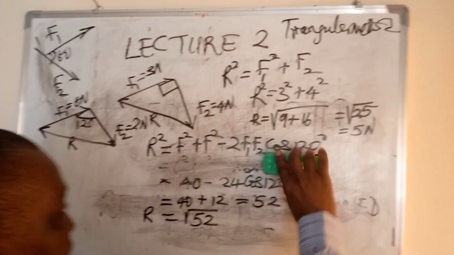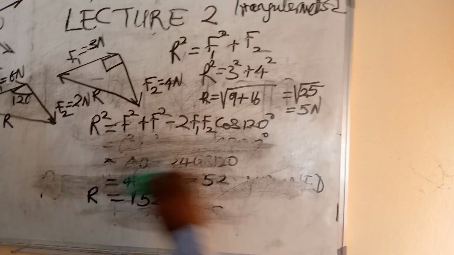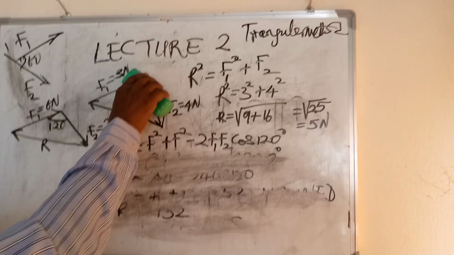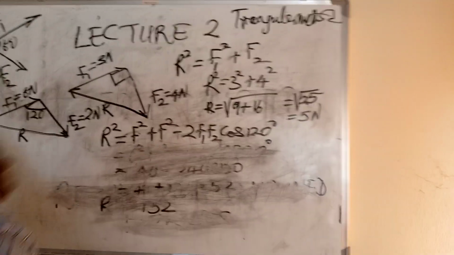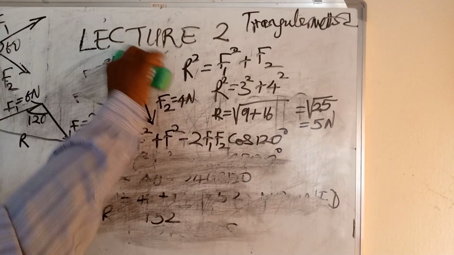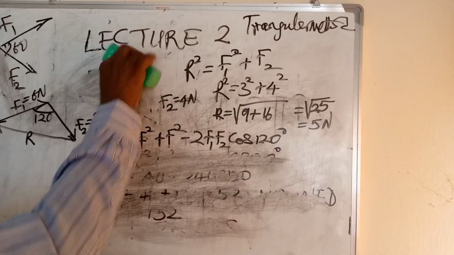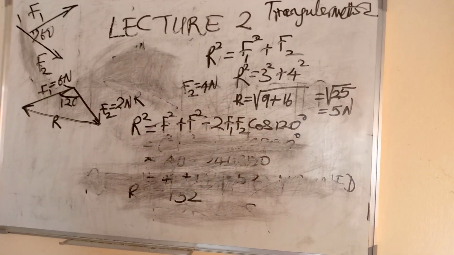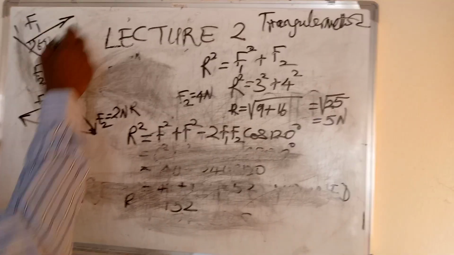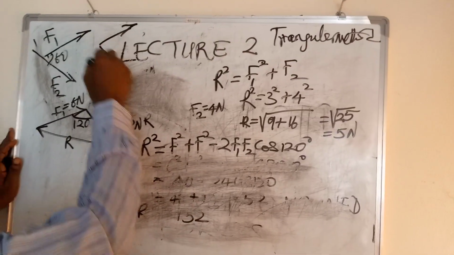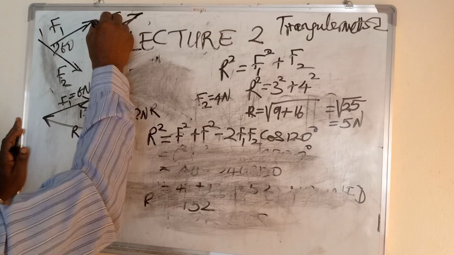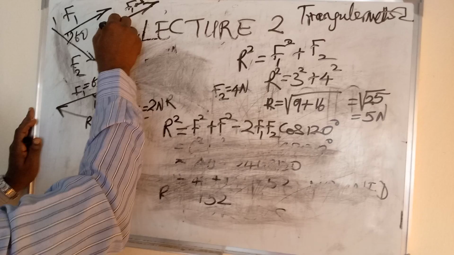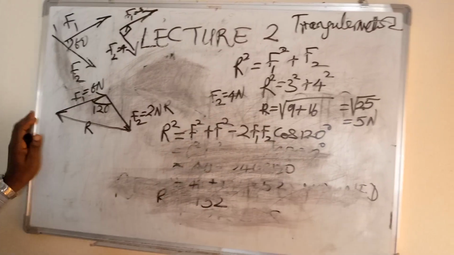So if we're to do that, we have the first one, when F1 was 3 and F2 was 4, and the angle between them was 90 degrees.